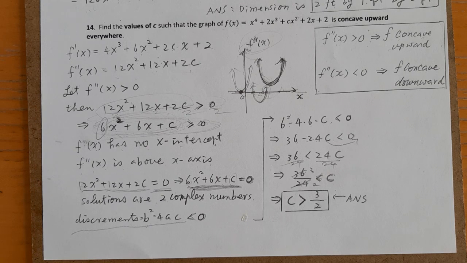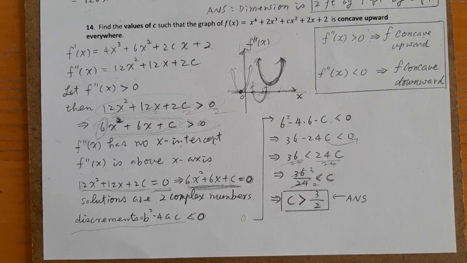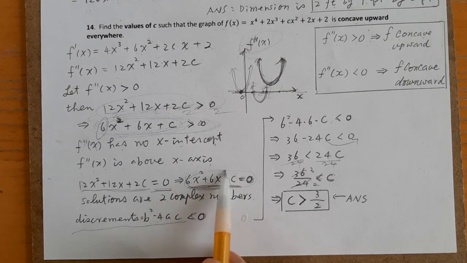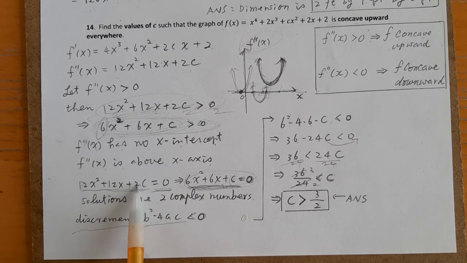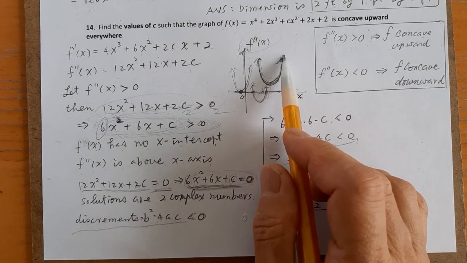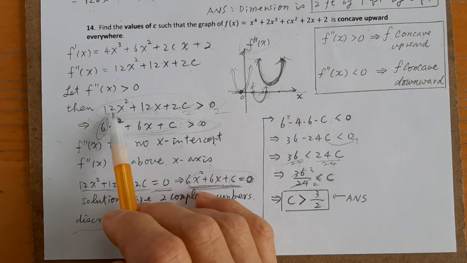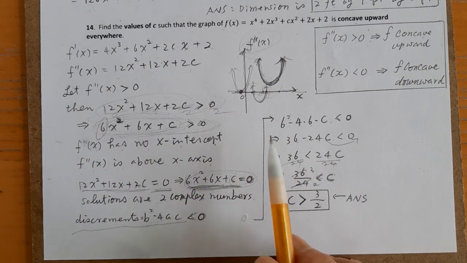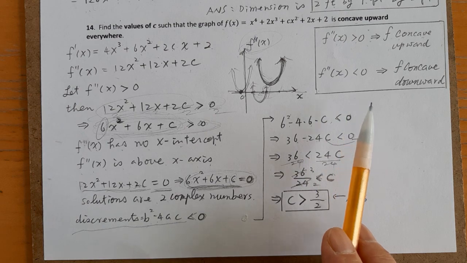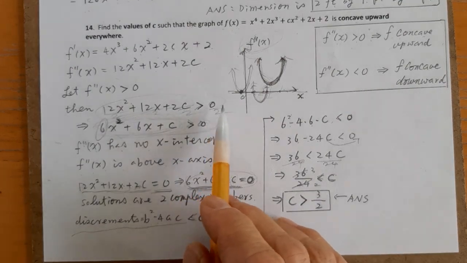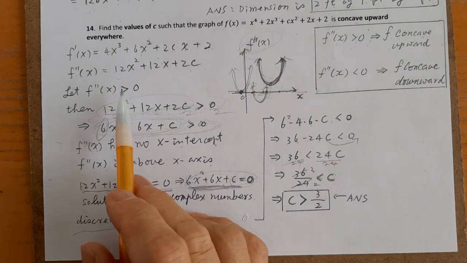If c is greater than 3 over 2, this has complex solutions, which means the graph is above the x-axis and the function value is positive, greater than 0.